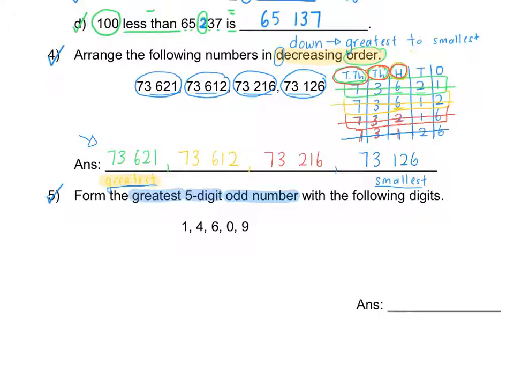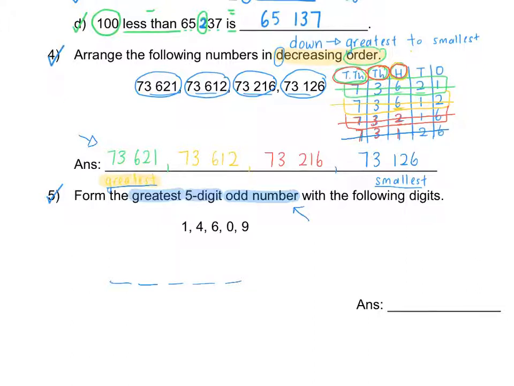So because they would like us to form a 5-digit number, what we can do first is we draw 5 lines to remind ourselves that there are 5 digits in this number. Okay, and they would like an odd number.